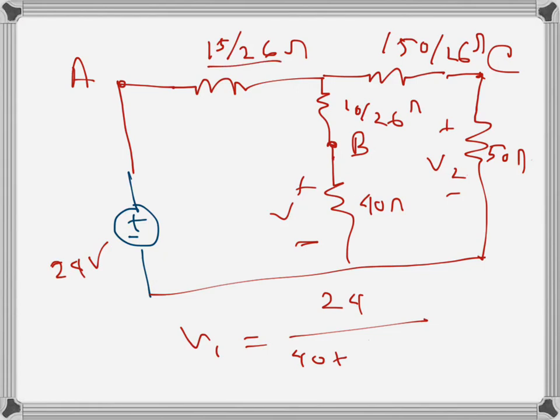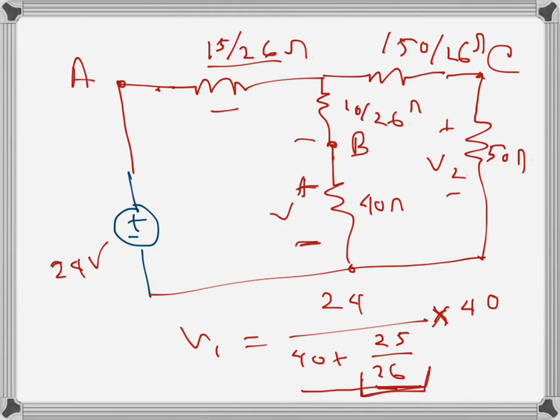The sum of 15 over 26 and 10 over 26 is 25 over 26. This is just the voltage divider rule. This is the total voltage, and we want to find just V1, which is across 40, that's why we multiply by 40, and the denominator is the sum of the three resistances.